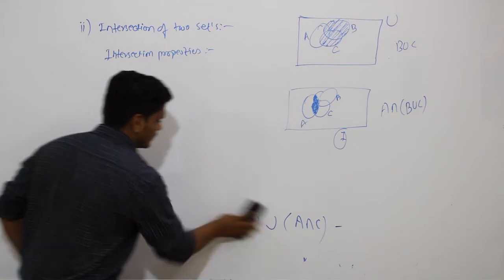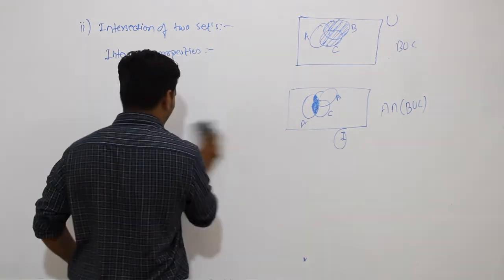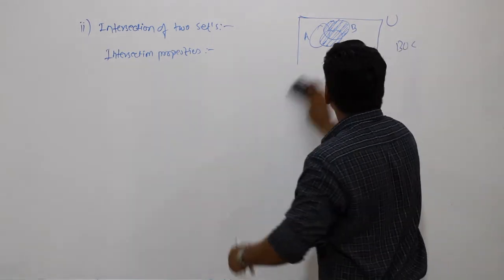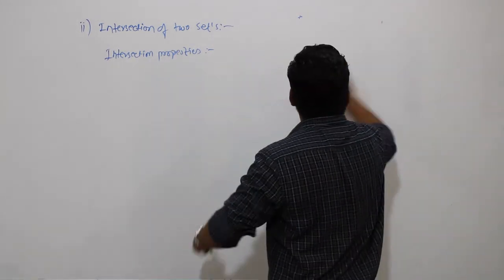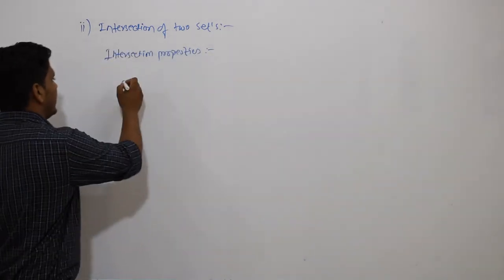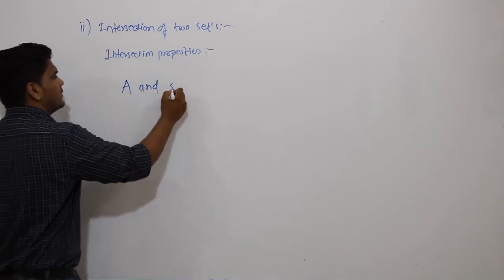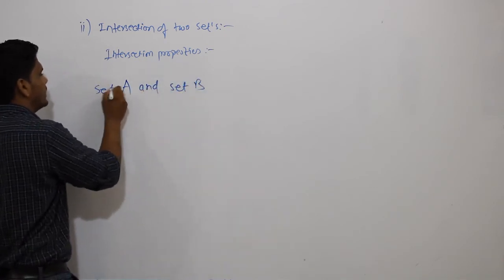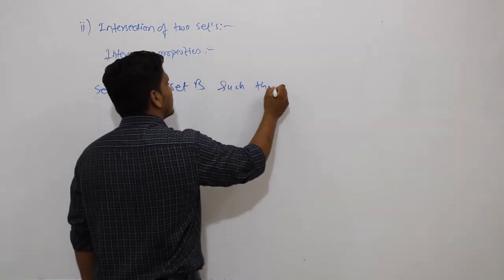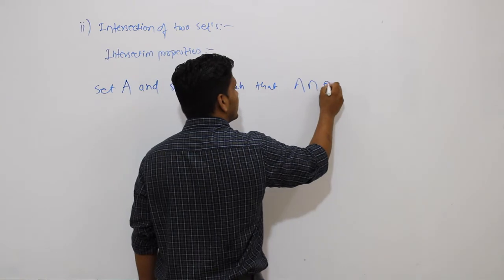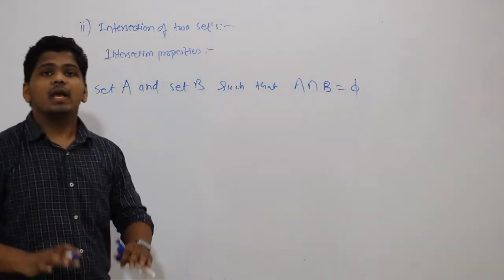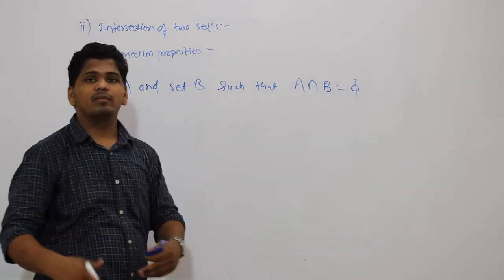The next term is disjoint sets. When you say A and B are disjoint, suppose I am having a set A and a set B such that A intersection B is equal to the empty set. Means I am having no common element in A and B. Means A intersection B becomes empty.